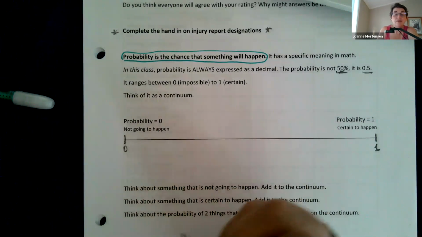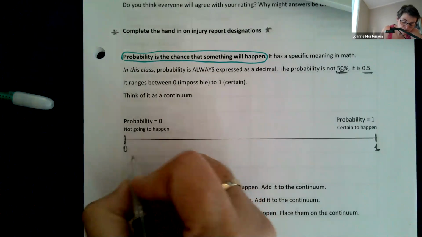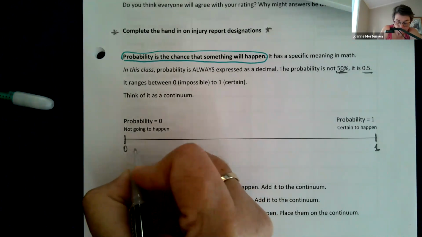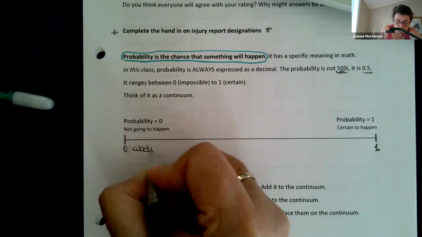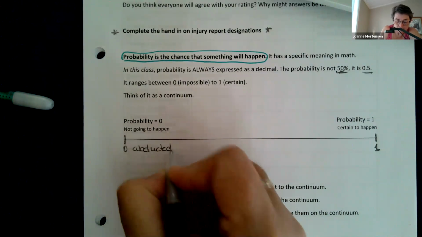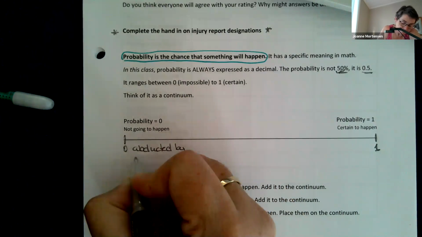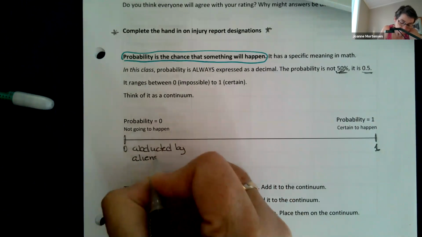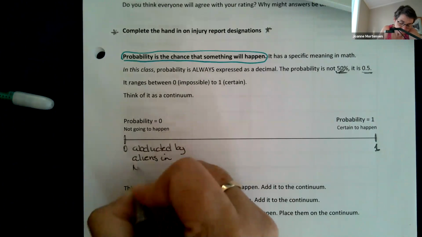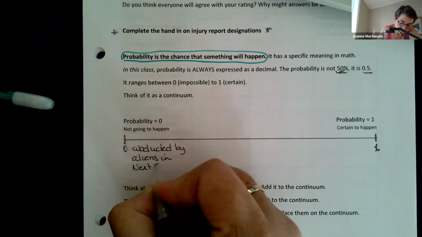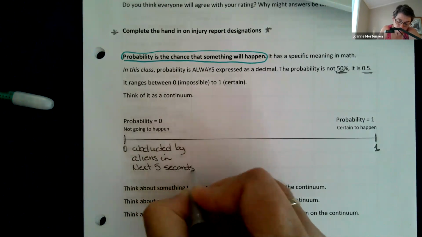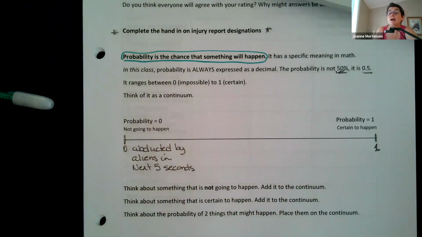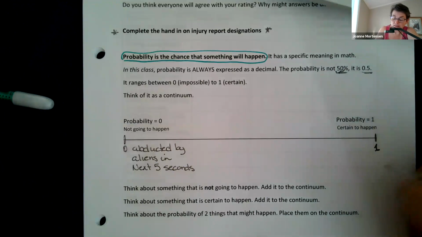All right, I'm going to say the probability of 0 of being abducted by aliens in the next 5 seconds. I think that's 0. I'll be quite surprised if it's not. Okay, something that's certain to happen.